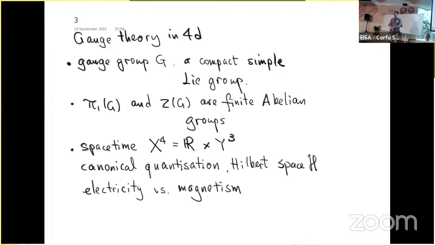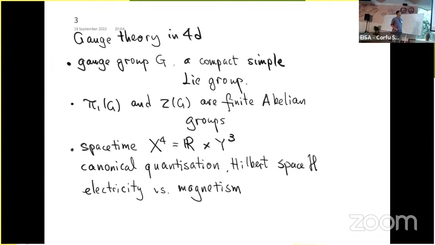So let's start with a general remark on gauge theory in 4 dimensions. We will always take our gauge group to be a connected, compact, simple Lie group. There's a complete classification of the Lie algebras of these Lie groups.